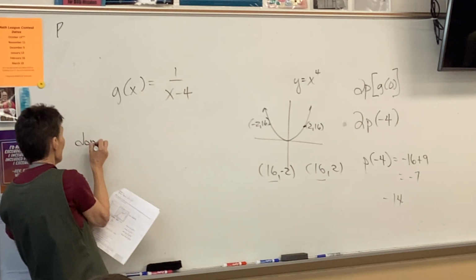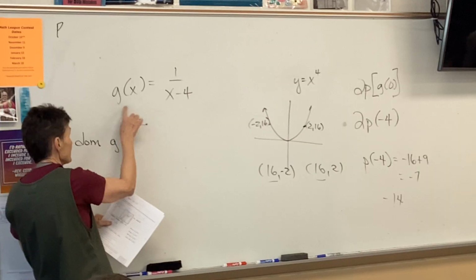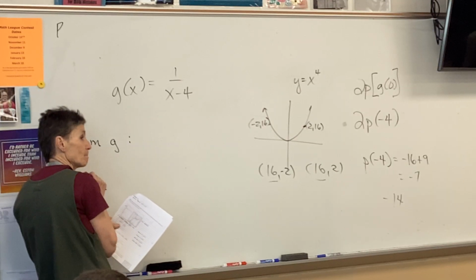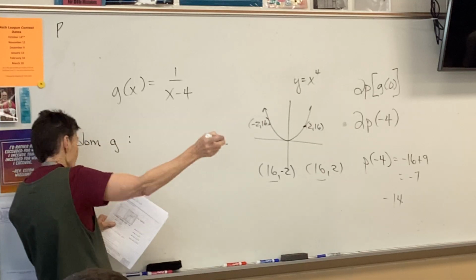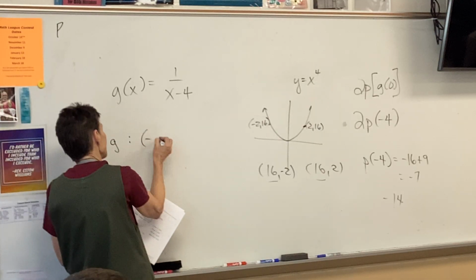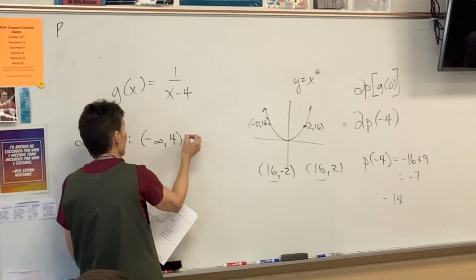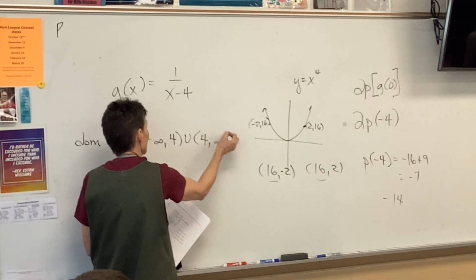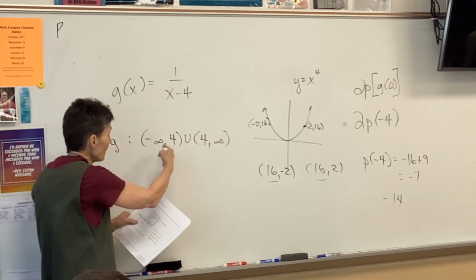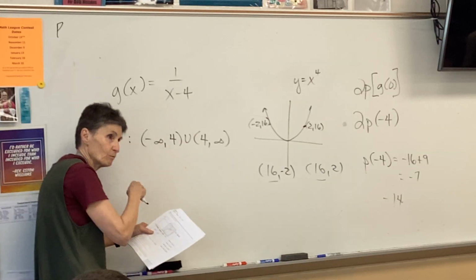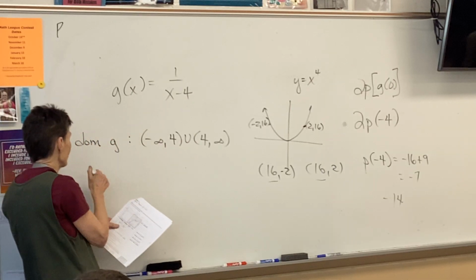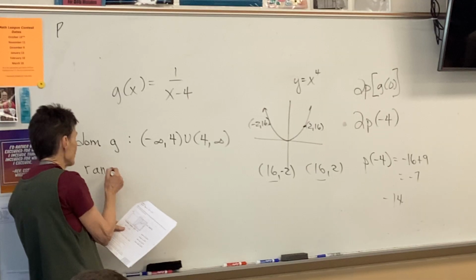So what's the domain of g, of this function? Everything but 4. So I'll write that like a mathematician, but you're right. It's everything but 4. So everything coming up to 4 and everything after 4. That's my domain of the original. What's the range of the original?